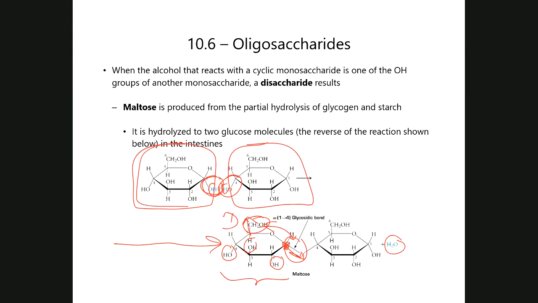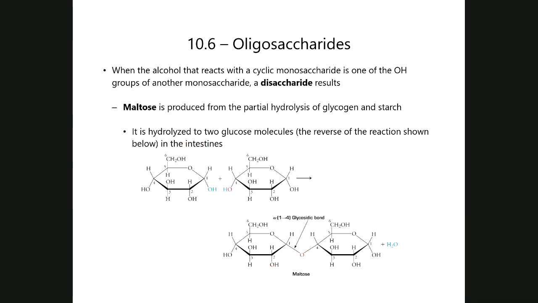And then if you look at the second sugar, its skeleton is still intact, simply that what was its alcohol is now linked to the other sugar in this type of acetal linkage, okay? So you can see, let me highlight this again, this here is an acetal. Why? It's a carbon bonded to one oxygen and a second oxygen. Both of those oxygens are bonded to another carbon. And this is what holds these two sugars together.